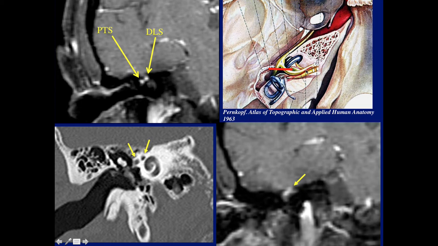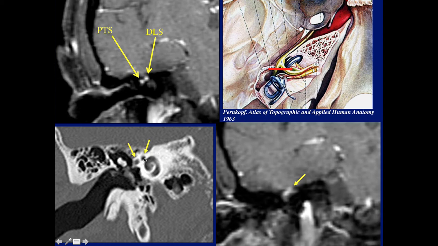If we look at this anatomic diagram here, I put this red line here. So this is the labyrinthine segment leading toward the genicular ganglion, and then we have the beginning of the tympanic. So this is the distal labyrinthine segment, and this is the proximal tympanic segment, because in the coronal, we're cutting both of them.